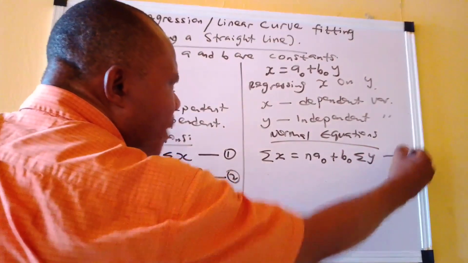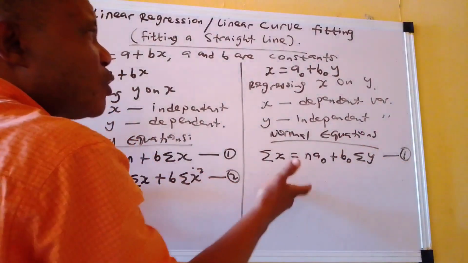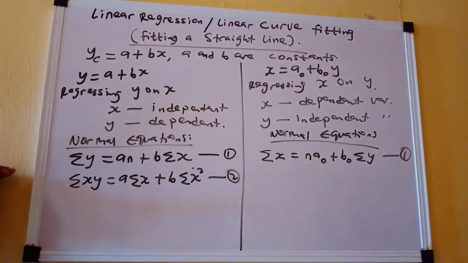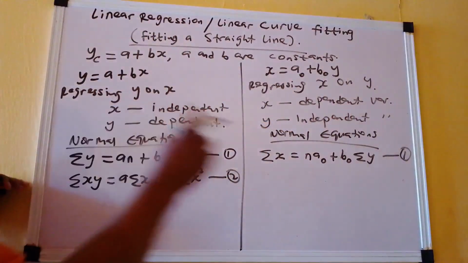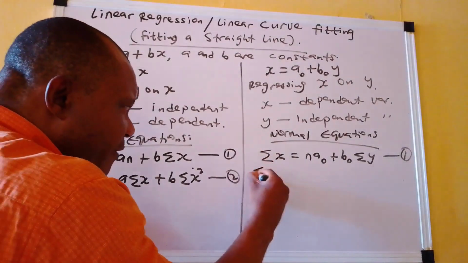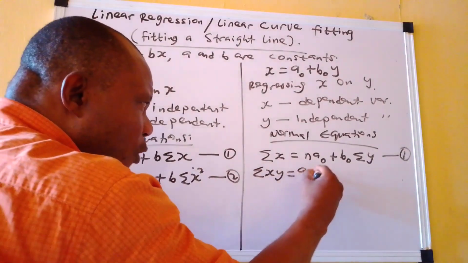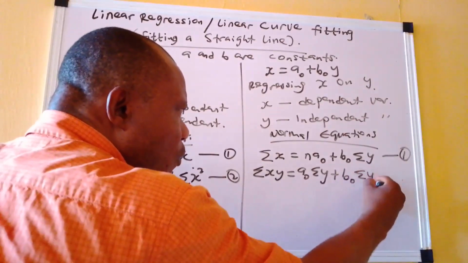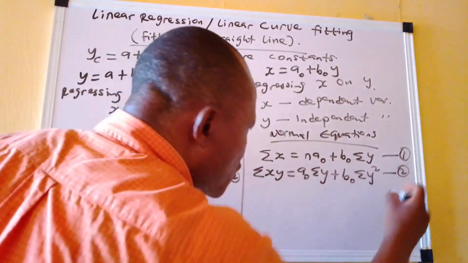This will now be your equation 1. Then you multiply this equation 1 by the independent variable, not the dependent variable. My independent variable here is y. If I multiply this by y, I'm going to have summation xy is equal to a naught summation y plus b naught summation y squared. y by y is y squared. This will now be your equation 2.